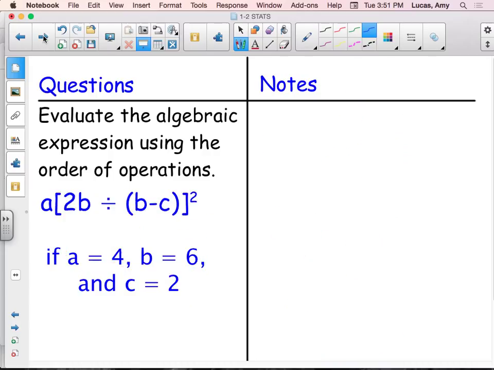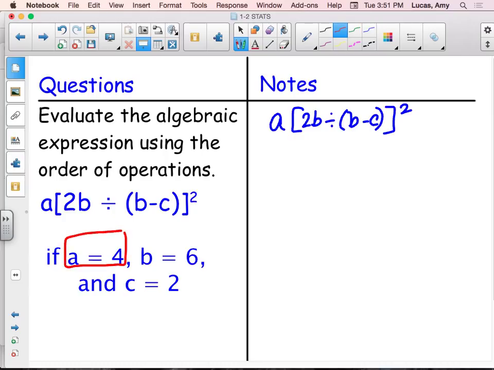I think this is our last example. So I'm going to write my original problem. And then plug it in. A equals 4, B equals 6, C equals 2.